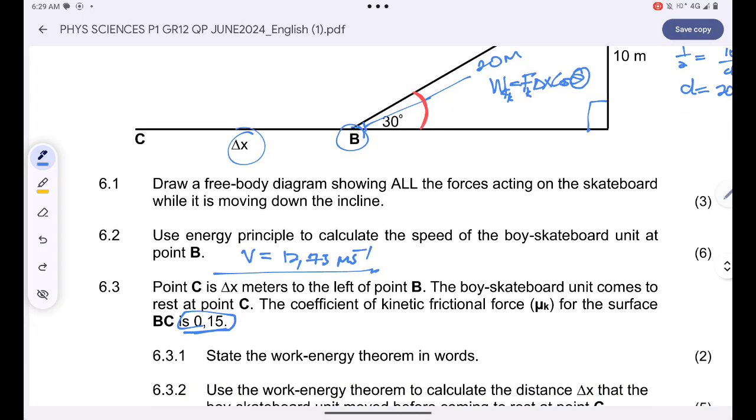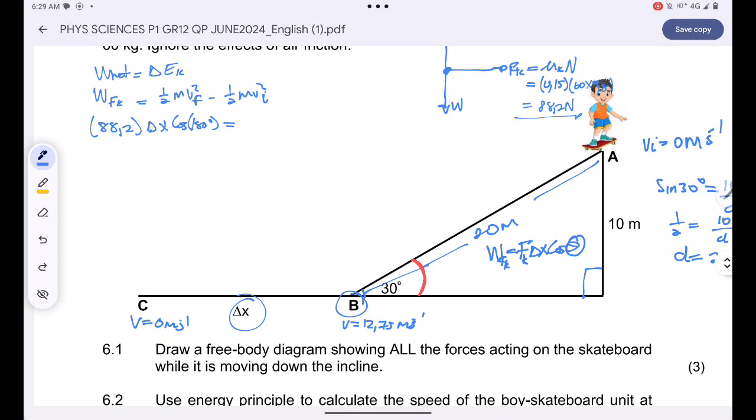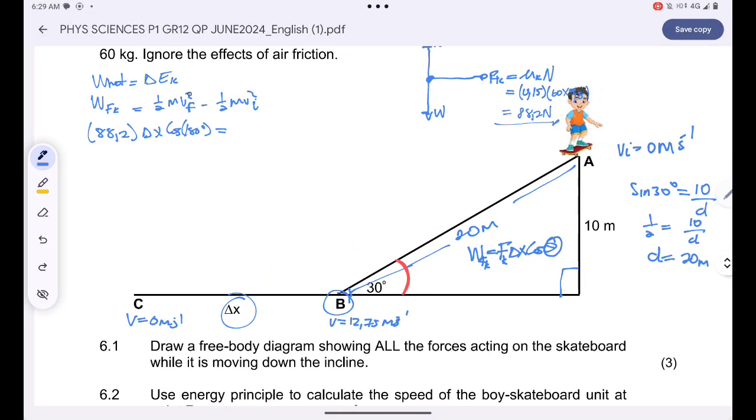Okay, finally, we were told that the boy unit skateboard will come to rest at position C. That means the velocity at C is 0 meters per second. Over there, we did find the velocity of 12.75 meters per second. So if the velocity at position C is 0, that means the entire kinetic energy will be 0 joules. That will be 0 minus 1 over 2 multiplied by 60 multiplied by 12.75 all squared.